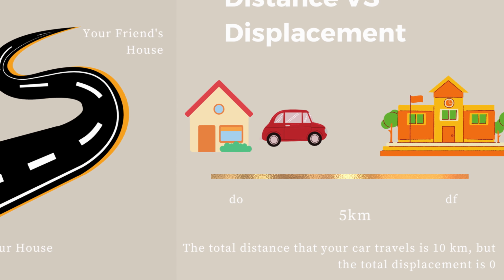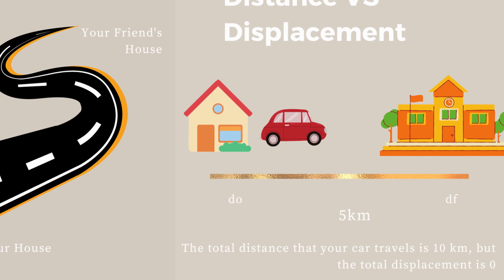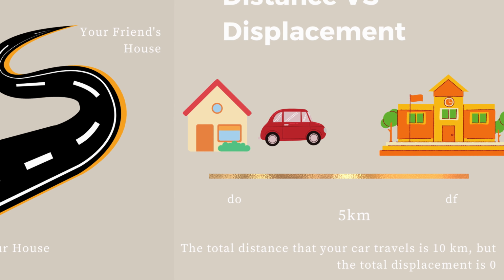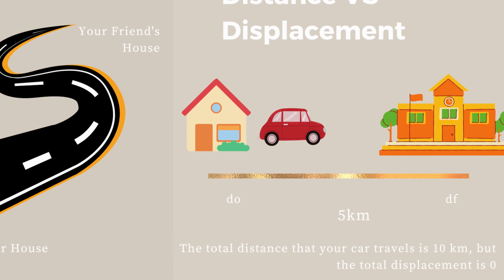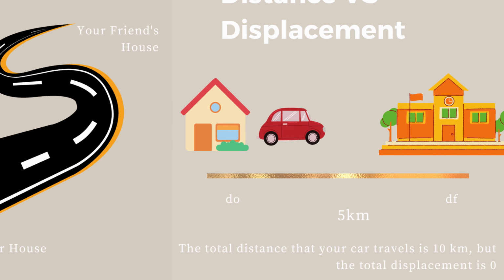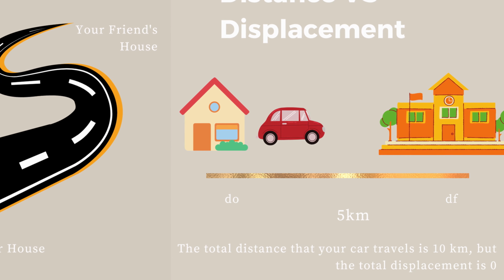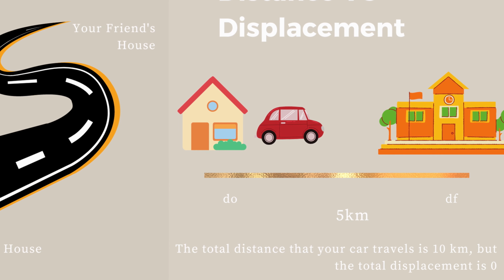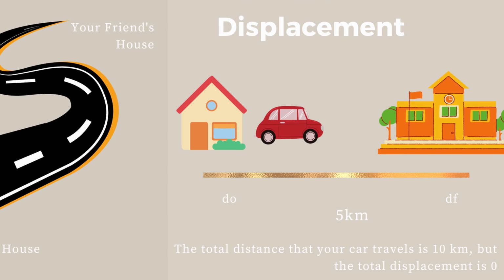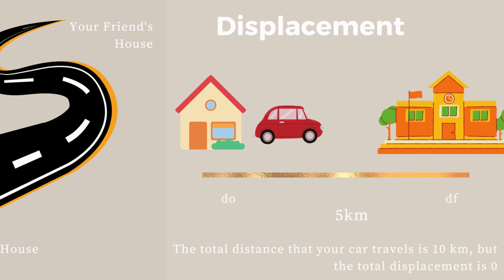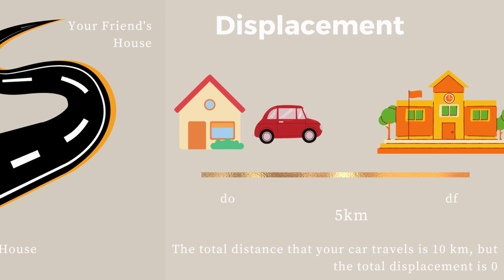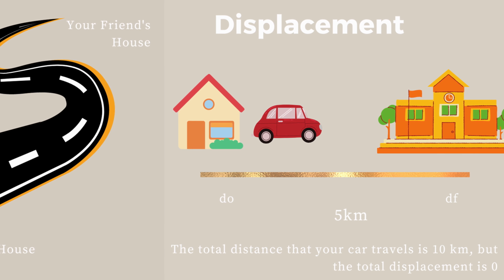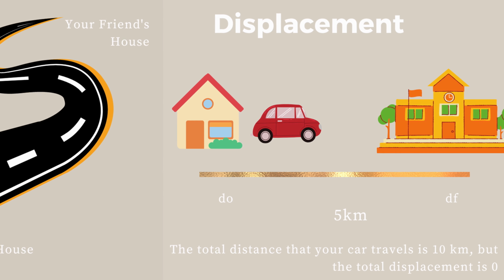We often want to be more precise when we talk about position. The description of an object's motion often includes more than just the distance it moves. For instance, if it is a 5-kilometer drive to your school, the distance traveled is 5 kilometers. After dropping you off at the school and driving back home, your parent will have traveled a total distance of 10 kilometers.